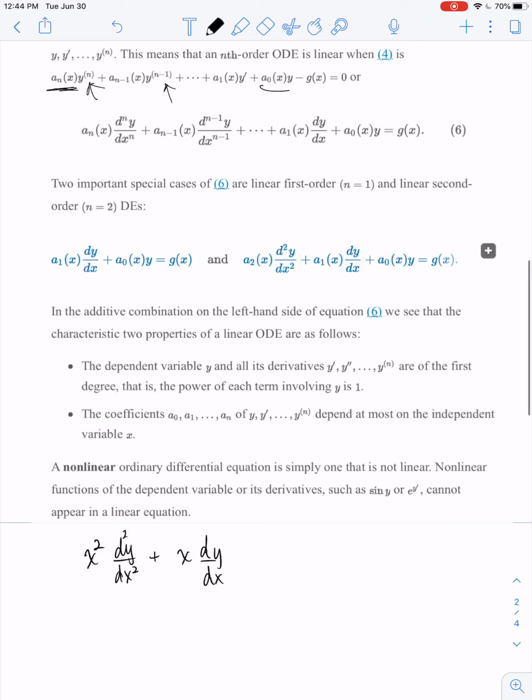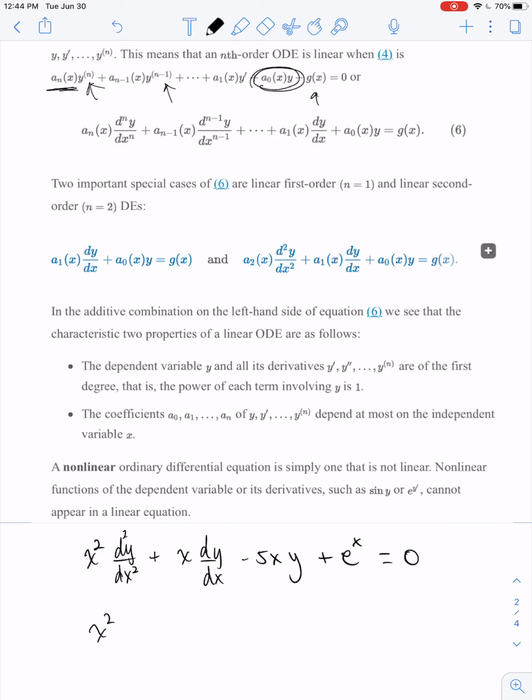And then again, it ends with a function of x itself times the original function. So let's make this minus 5x with y, the original function, and then minus another function of x. Okay, so it doesn't have to be minus, but it could be plus, say, e to the x, equal to 0.